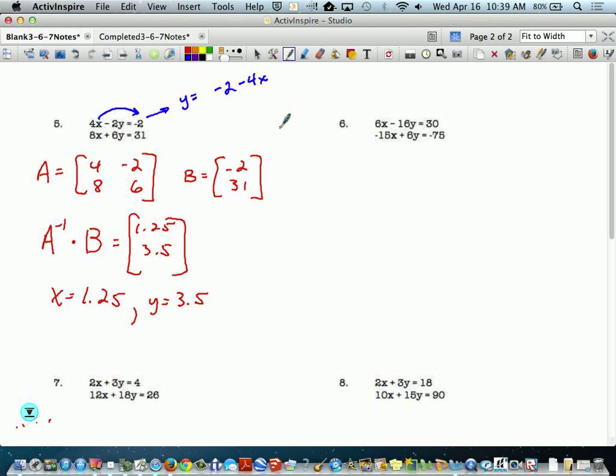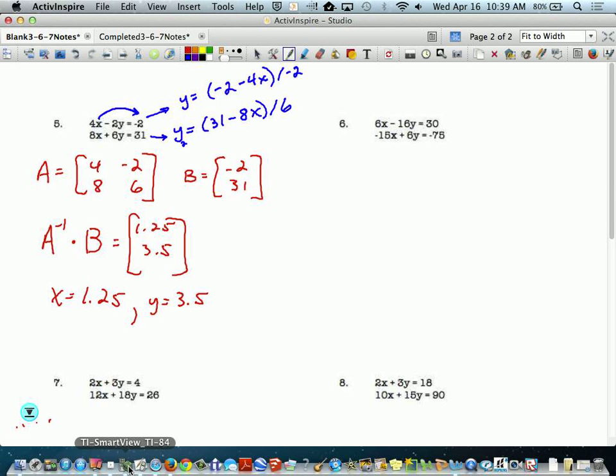I'm going to put that in parentheses because at the end, when you solve this, you're going to end up dividing by negative 2. And the second equation, you do the same thing. How do you get y by itself? You must take the x term to the other side and then divide by what's in front of y. So this is like y2 if you will, 31 minus 8x divided by 6.